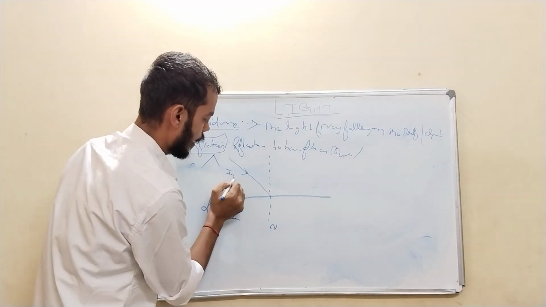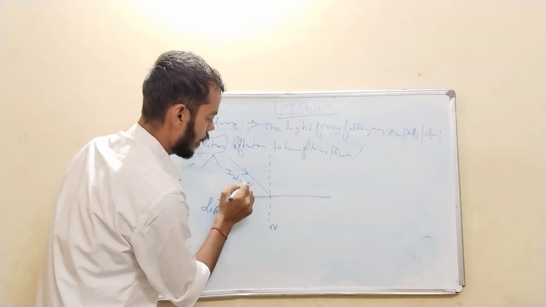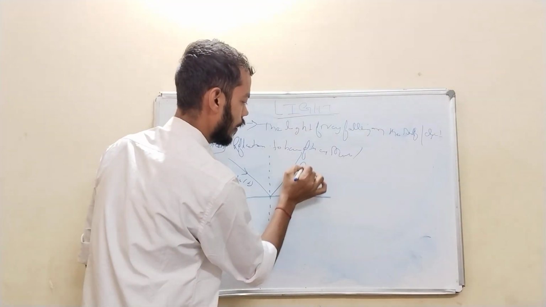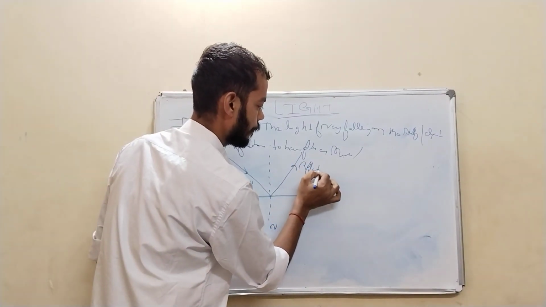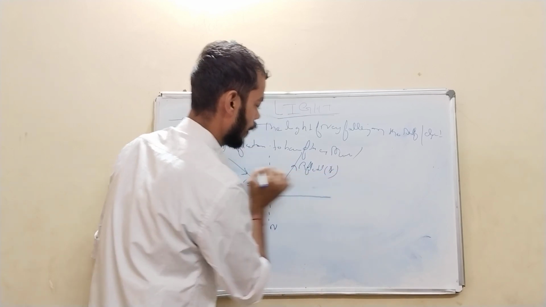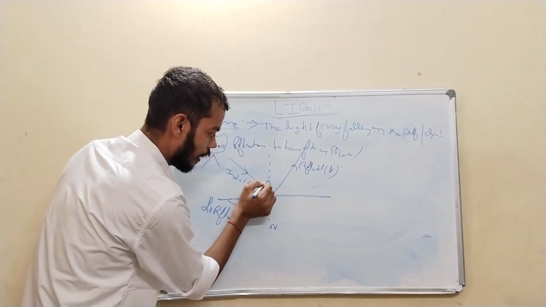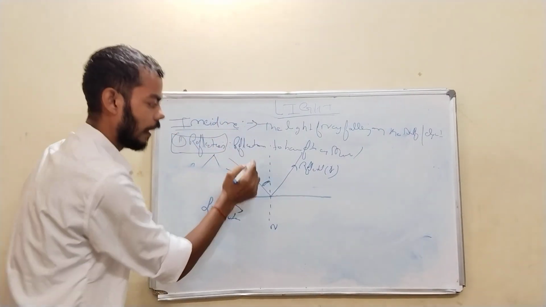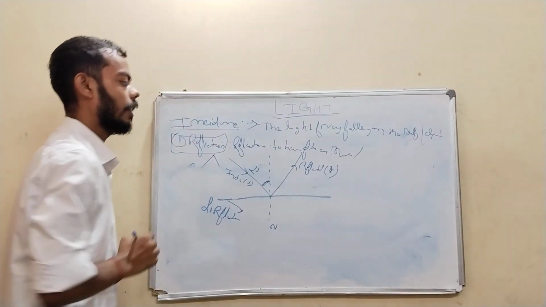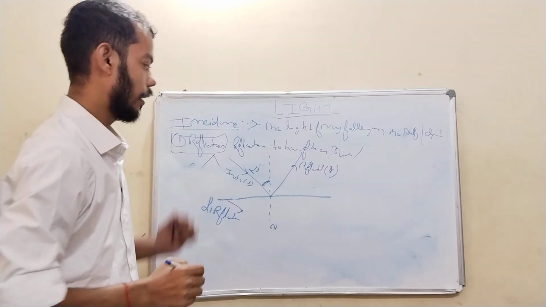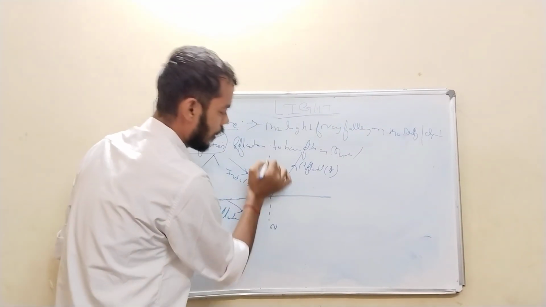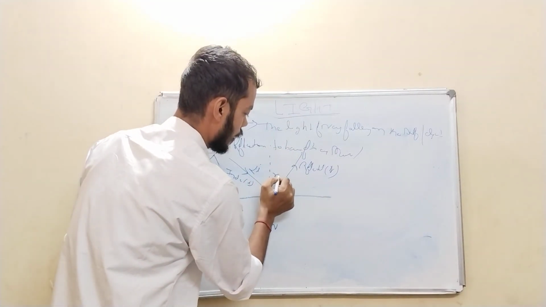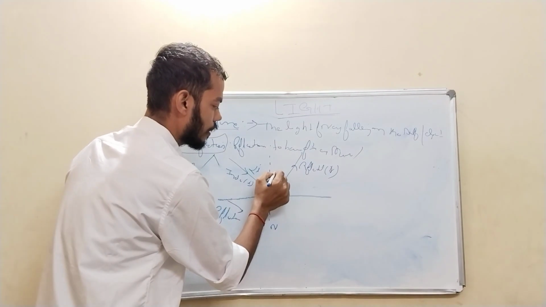This is the incident ray, which is denoted by I. Now after reflection, this is the reflected ray, which is denoted by R. The angle between the incident ray and the normal is known as angle I, or the incidence angle. The angle between the normal and the reflected ray is known as the reflected angle, angle of reflection.